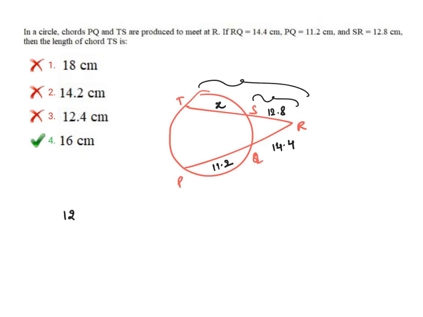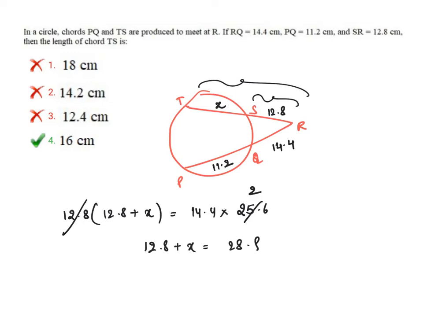I can take it as 12.8 into 12.8 plus X is equal to 14.4 into 25.6. 12.8 ones are 12.8, twos are. Therefore, 12.8 plus X is equal to 28.8. X is simply 16 centimeters.